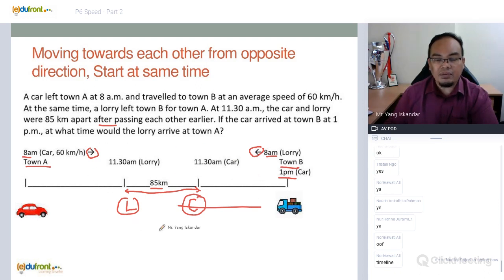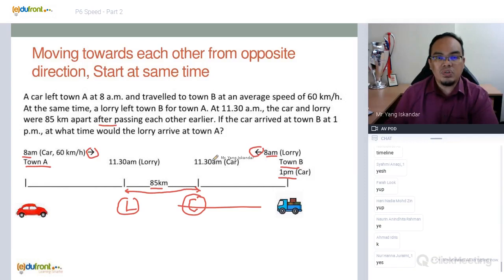All okay, yeah? So you have to draw as clearly as possible so that the examiner understands what is going through your mind. If you do not illustrate using a distance speed timeline, model, or any kind of illustration or working, the examiner will not be able to give you any method marks. So it is very important that you show your working, your steps very clearly. Some students, especially those of you who have very untidy handwriting, have to try your very best to be as neat as possible in the exam.